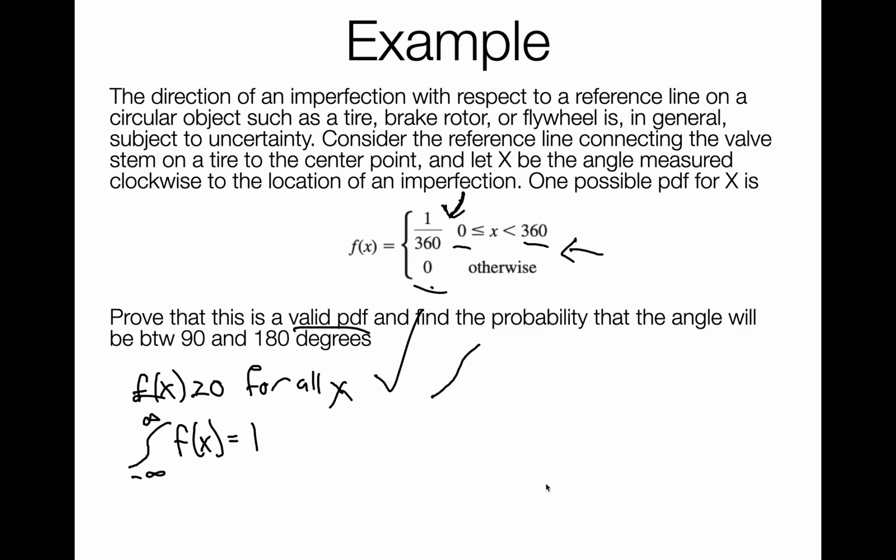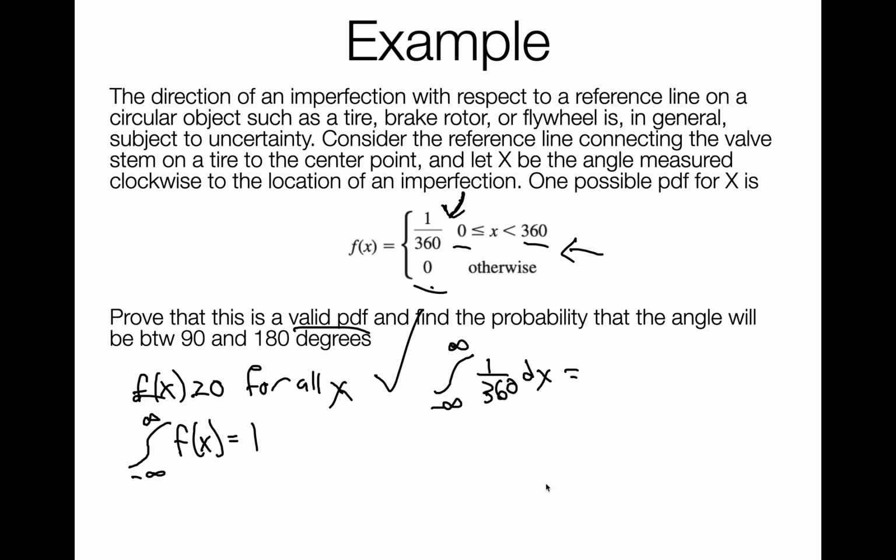Integral from negative infinity to infinity of 1 over 360 dx. Negative infinity to infinity is not easy to work with, but if we look at our PMF up here, we'll see that it's positive. It's 1 over 360 only when x is between 0 and 360.